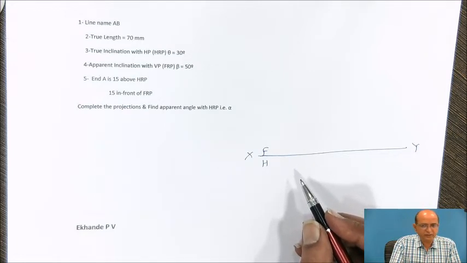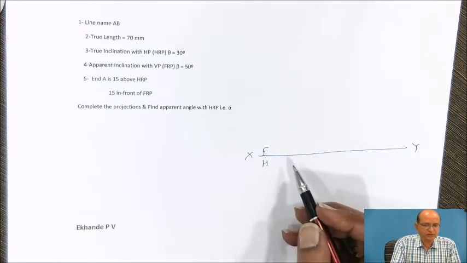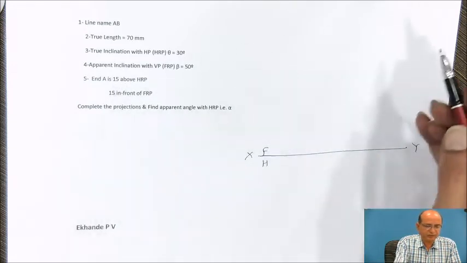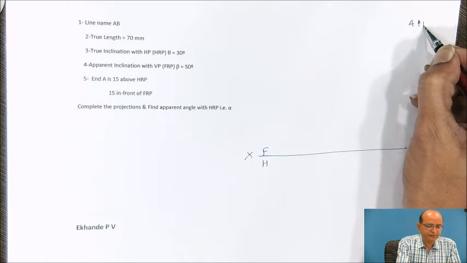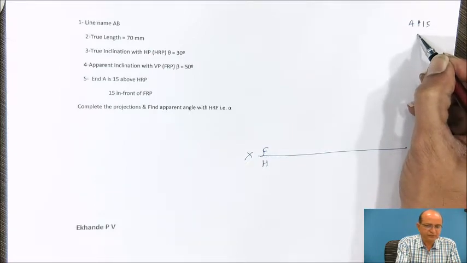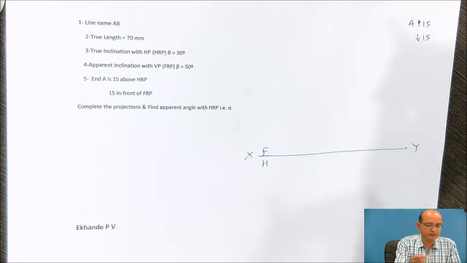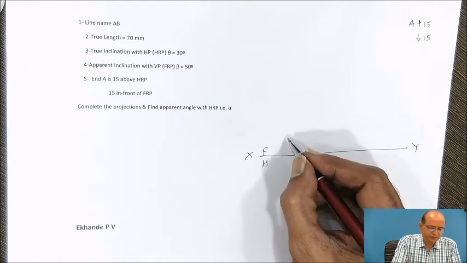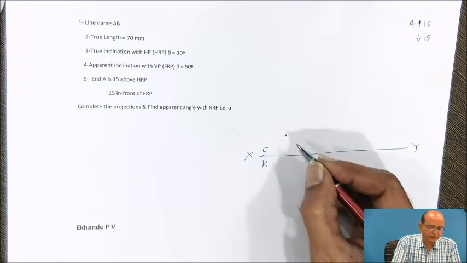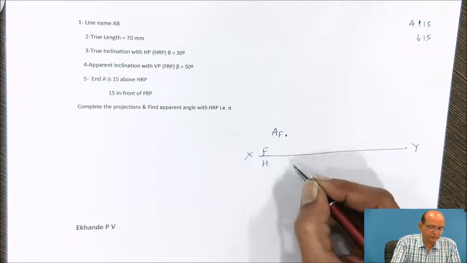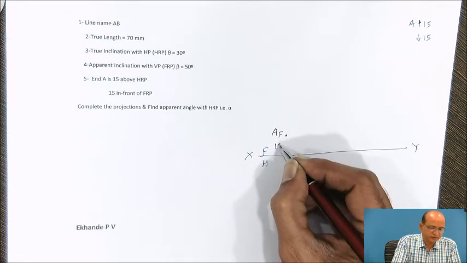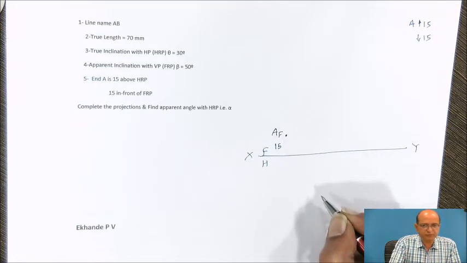Afterwards we'll locate or draw the position of point A. Point A is given at 15 millimeter above HRP and 15 millimeter in front of FRP. So at 15 millimeter distance on this side we'll locate the AF point. So the distance for this AF is 15 millimeter.